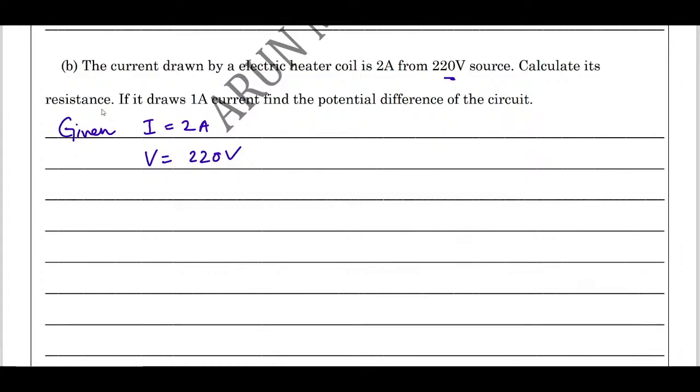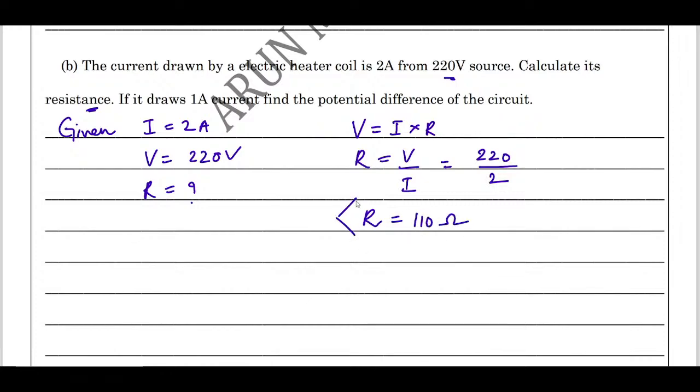What we need to find out? We need to find out the resistance. R equals question mark. Again, by using Ohm's law, V equals I into R. Now R equals V by I. V equals 220, I is 2. Now R equals 220 by 2 is 110 ohms. So the resistance of the electric heater is 110 ohms.